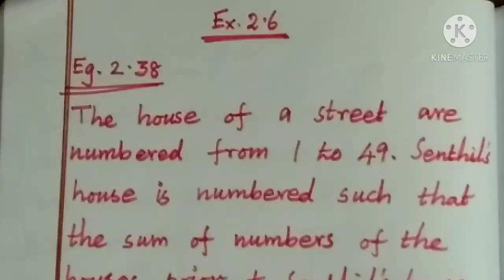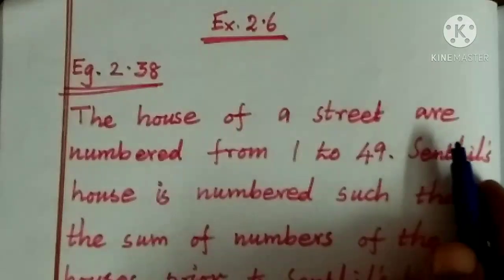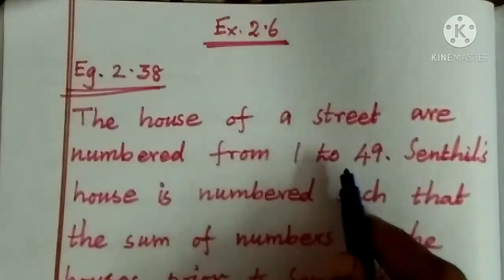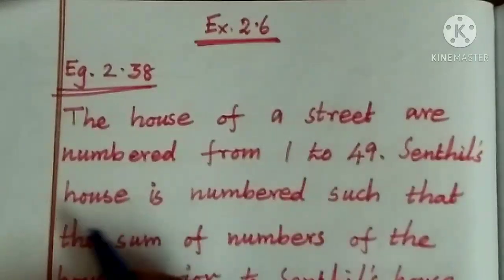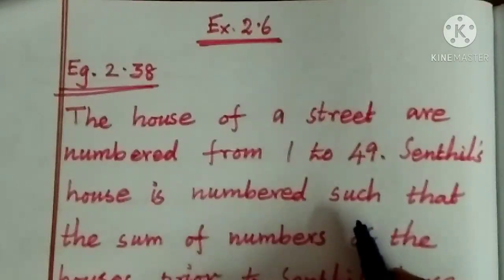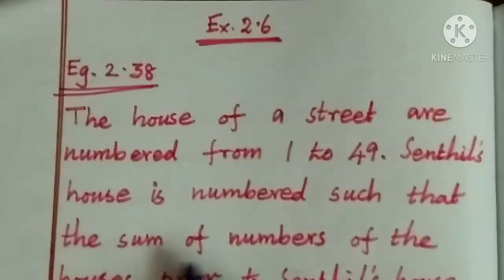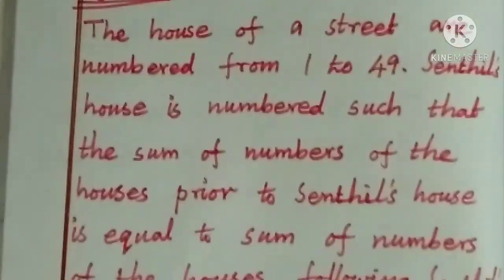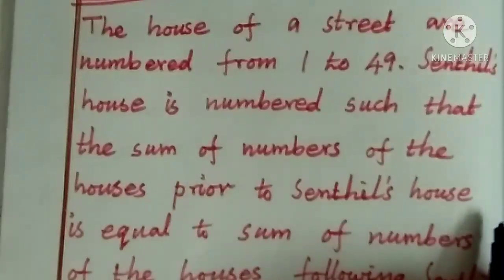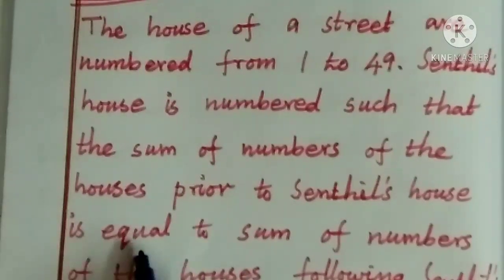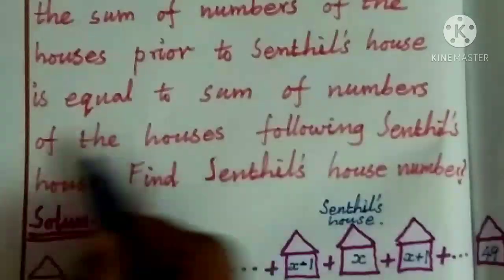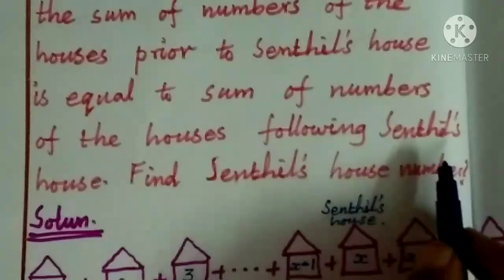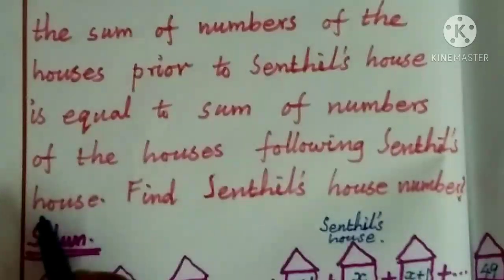See the question. The houses of a street are numbered from 1 to 49. Senthil's house is numbered such that the sum of numbers of the houses prior to Senthil's house is equal to the sum of numbers of the houses following Senthil's house.